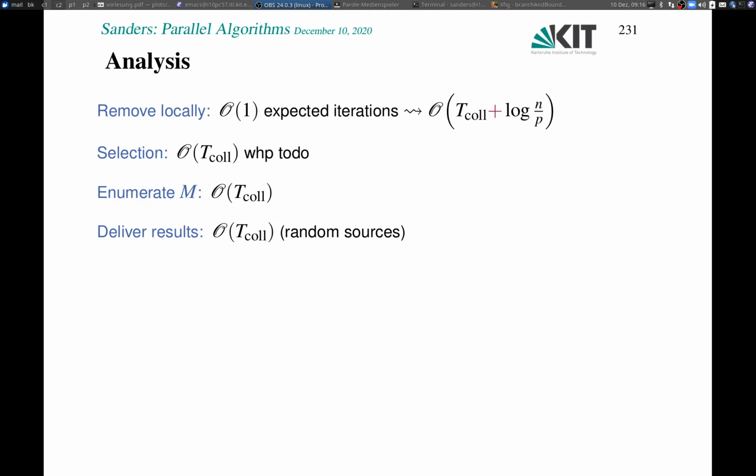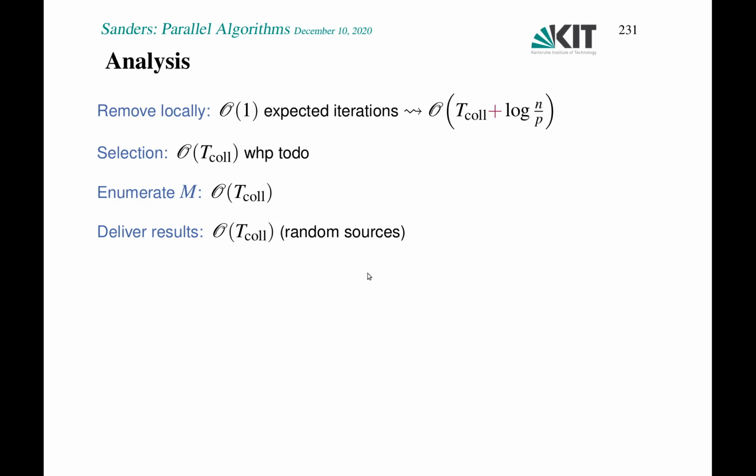But that cannot be, because as soon as it contains a logarithmic number of elements, we know from this balls into bins things that it has to contain the p globally smallest elements. Thus, the only remaining possibility is that on the average, it's a constant number of iterations.